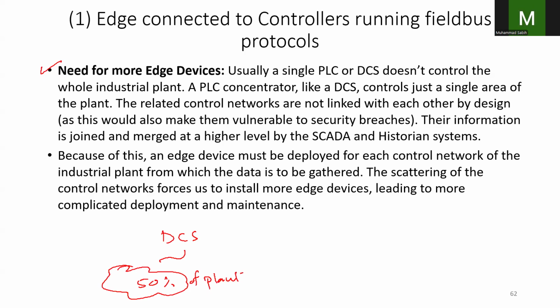This is actually by design, for certain reasons, such as limiting security risk, so not all these control systems are interconnected. There may be DCS1, then there may be some PLC doing some 10% of the work, some plant utility, and so on.